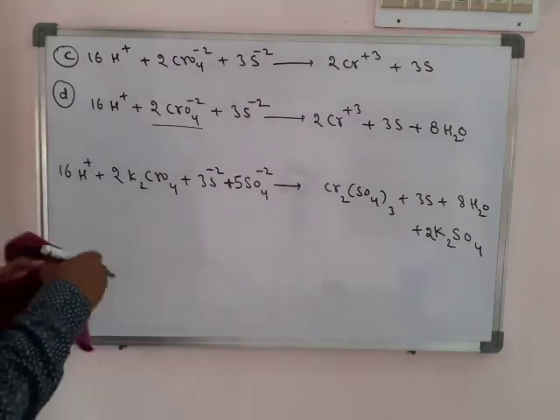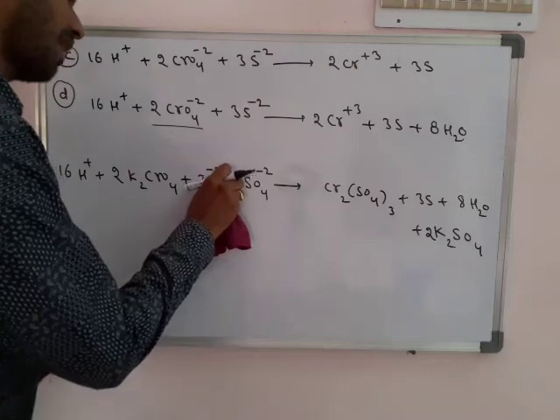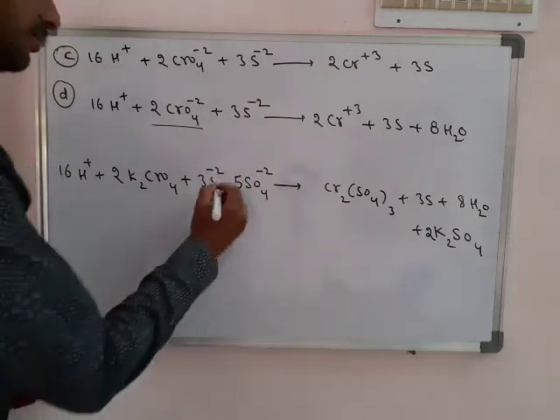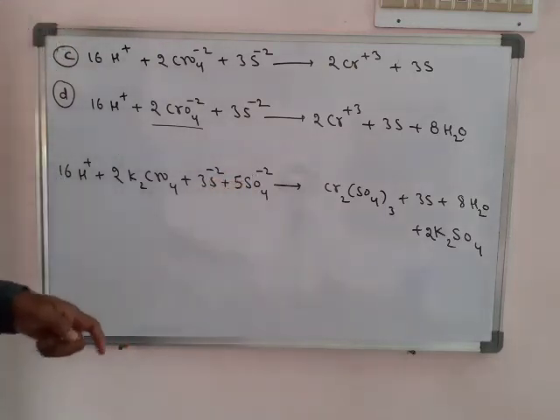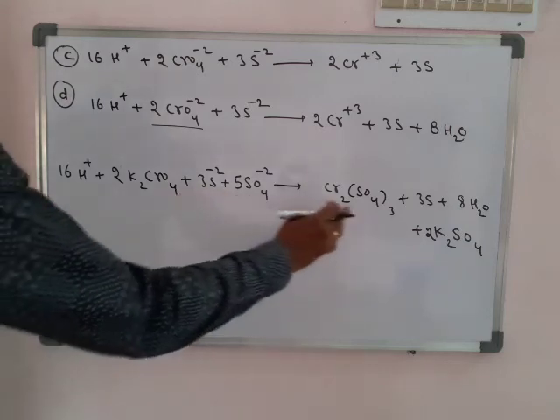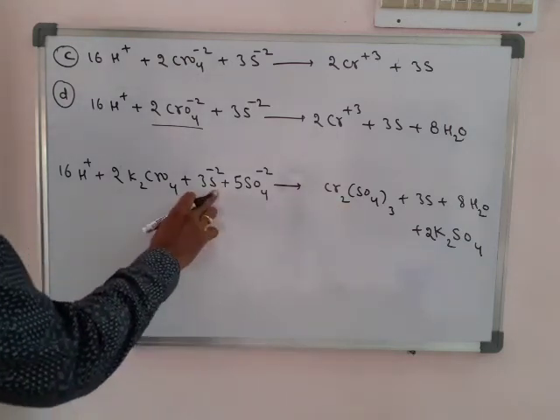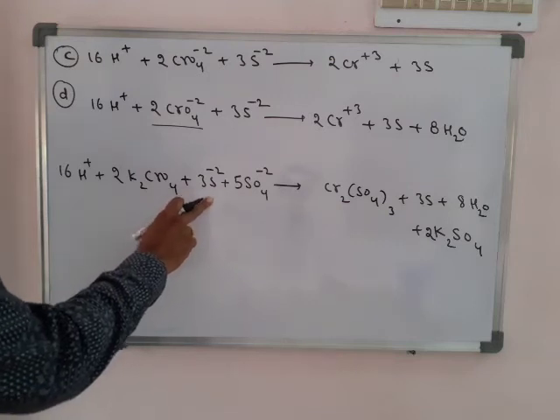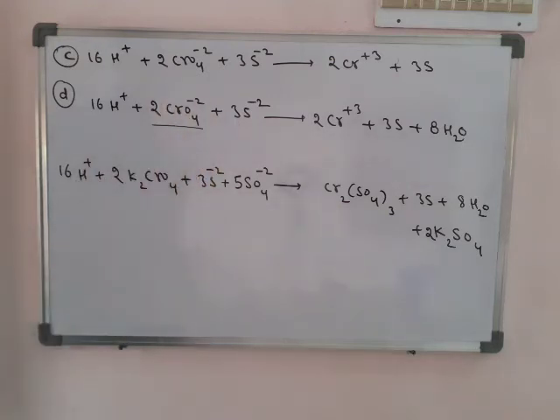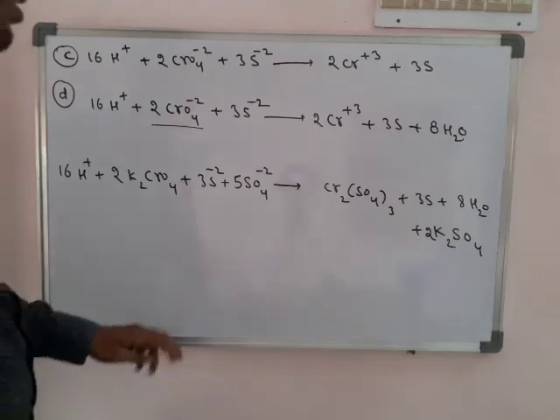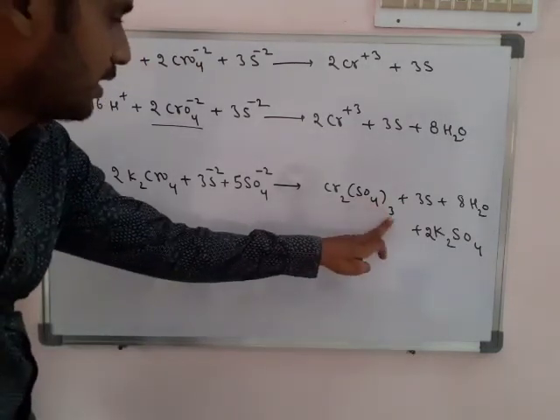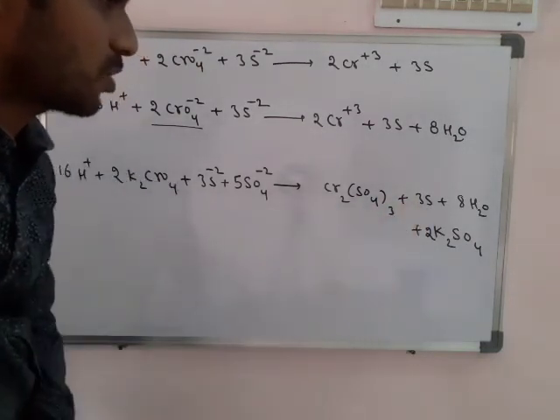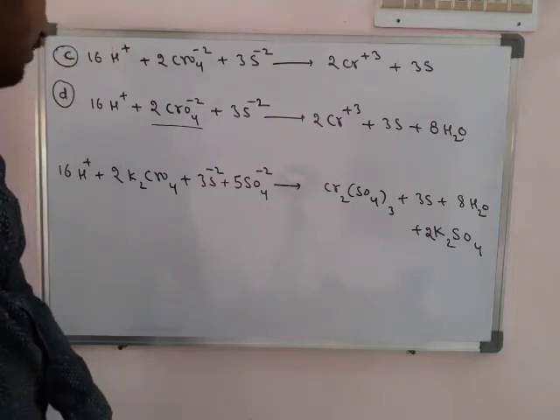So let's check whether all atoms are balanced or not. 3 sulfurs. Here sulfurs are not balanced, I think. Have you got 3 sulfur, 3S minus 2, 3S, sorry, okay. Here 6 sulfurs are there. 6, 7, 8 sulfurs are there totally.